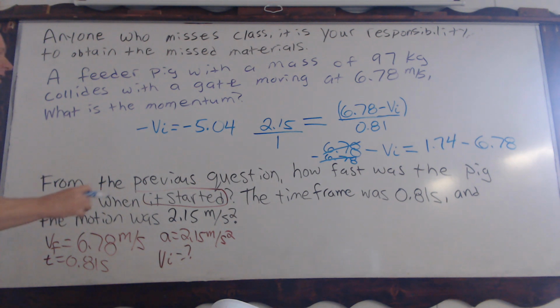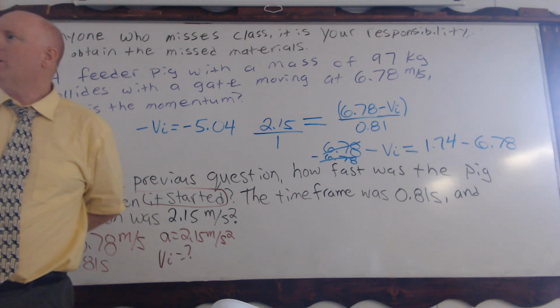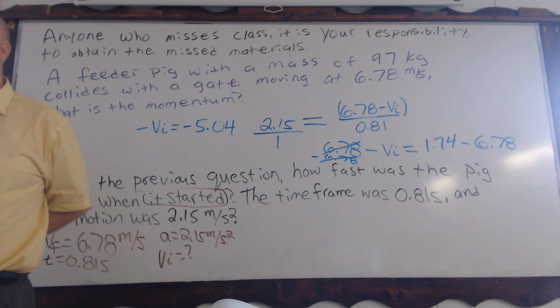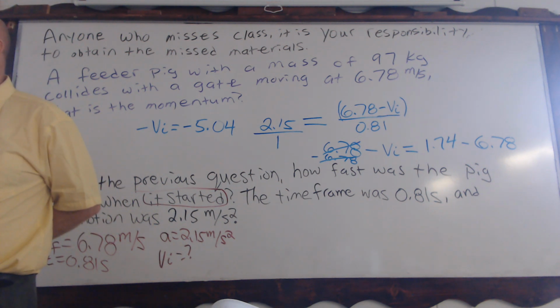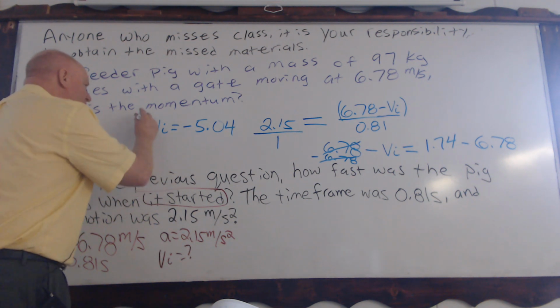I want you to take negative 5.04 times negative 1. Yeah, you just make it positive, okay? Really all you're doing is just switching the sign.